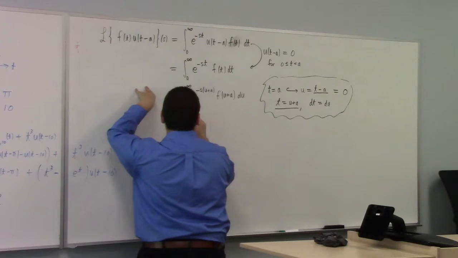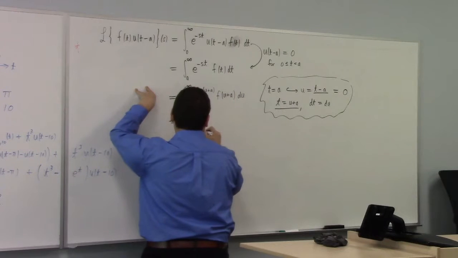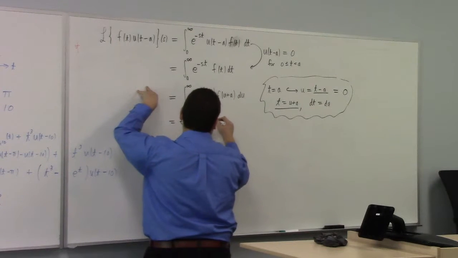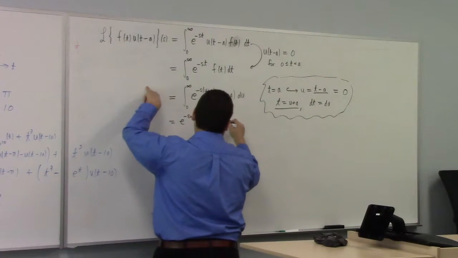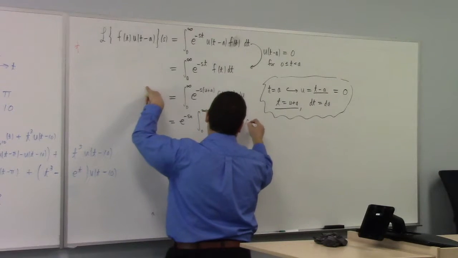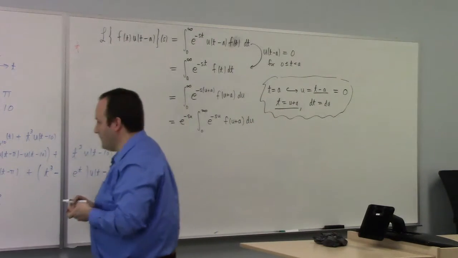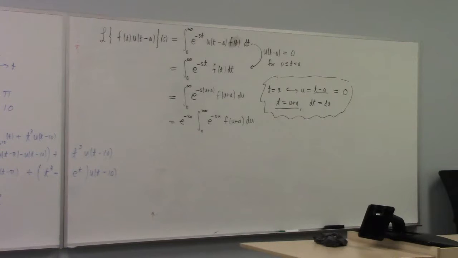All right, one more step here. I can bring an e to the minus sa out front. I use the law of exponents: e to the minus su minus sa is e to the minus su times e to the minus sa. But the e to the minus sa has no dependence on the integration variable whatsoever, so it's a constant with respect to the integration. I can pull it out front.